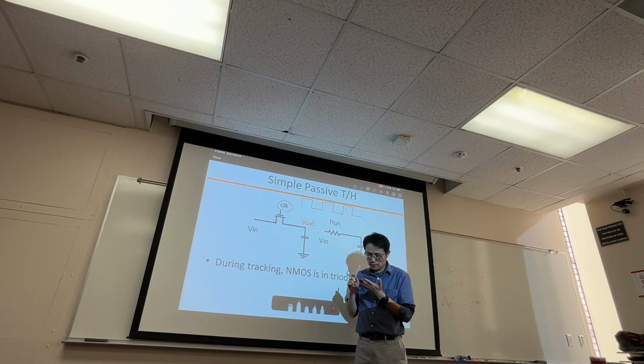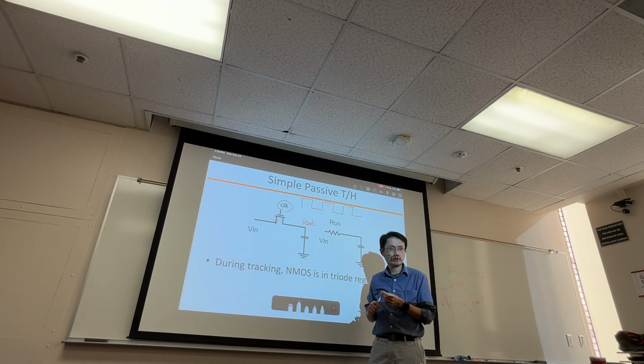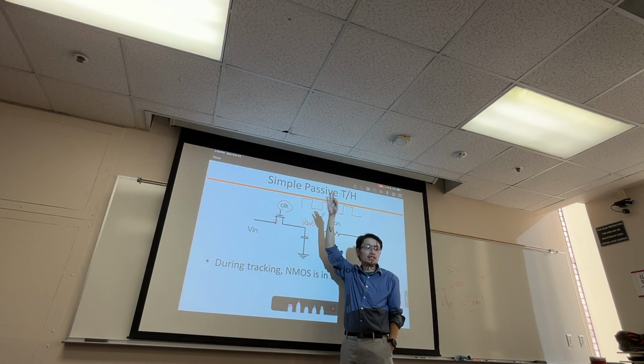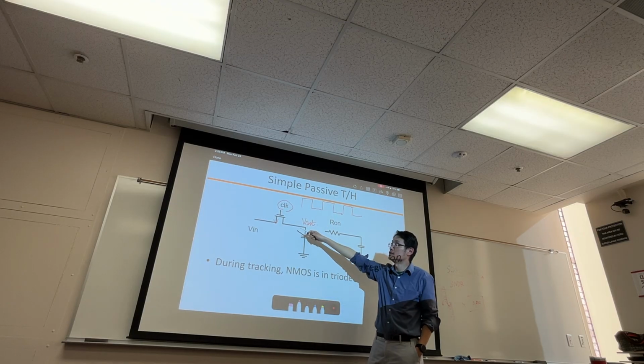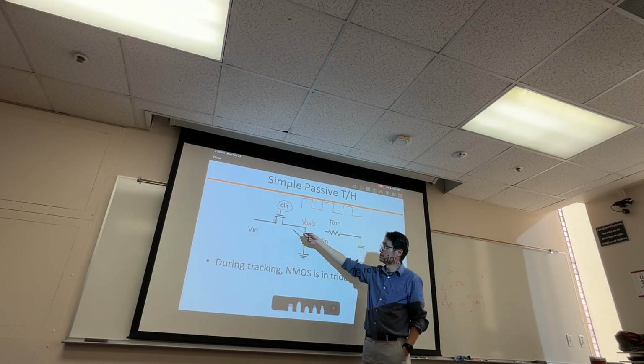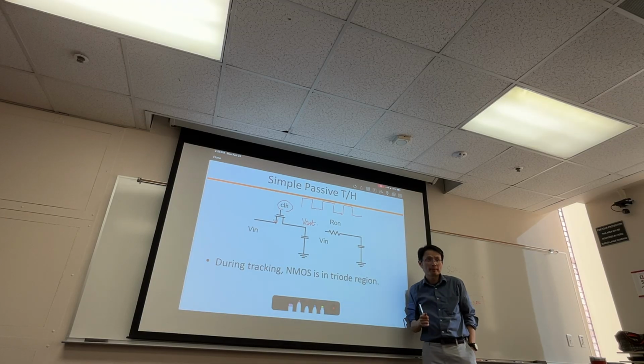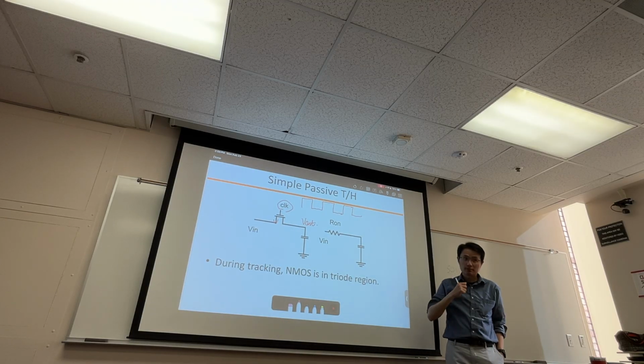Linear region, saturation region, off region? First of all, is it on or off? It's on. By the way, usually when it's high, it means it's VDD, usually the power supply. So it is on. It's just a question of saturation region or triode region. Isn't that an NMOS?